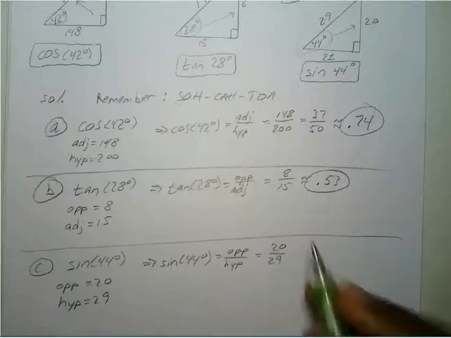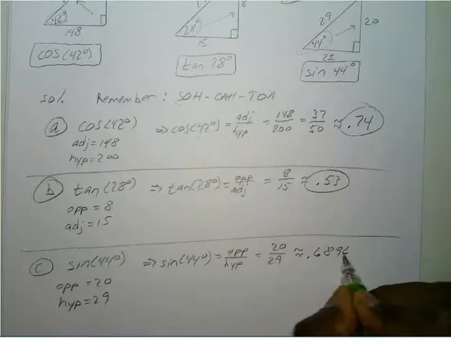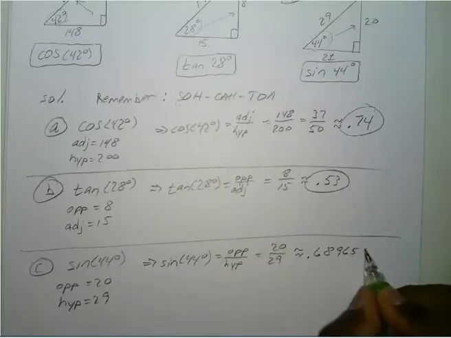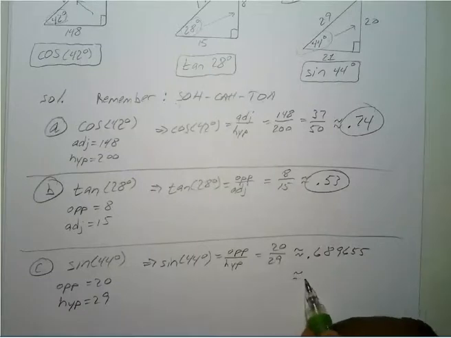And 20 divided by 29 is approximately 0.689655, and rounded to the nearest hundredth, 0.69.